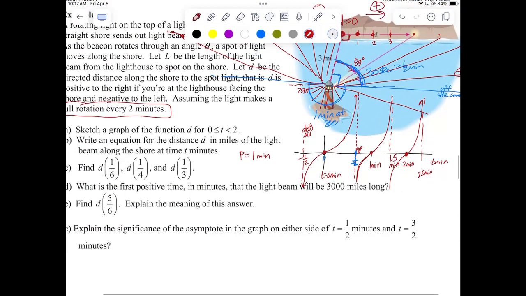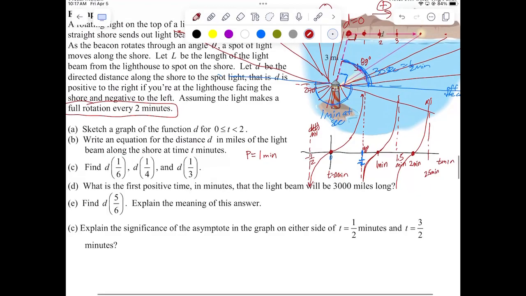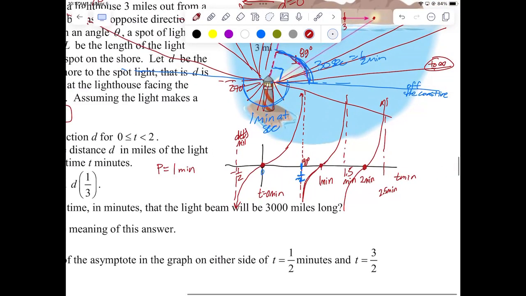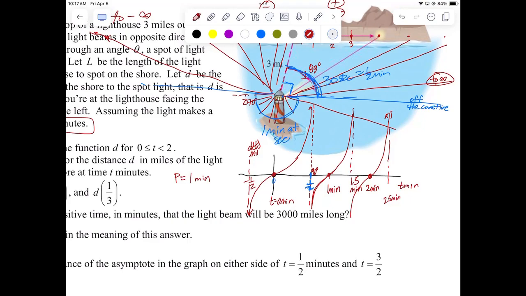So we just finished part A. Now, this is not quite the graph. There's one thing wrong with this graph. We have it starting at 0, and then it's going down infinitely along the coastline. What's actually happening between 1/2 and 1.5?